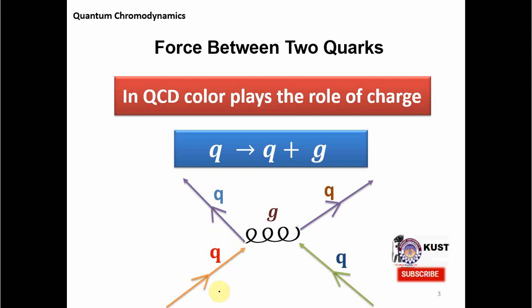So two quarks come in, interact with each other, either repelling or attracting, and go away as two quarks. This is the force or interaction between two quarks, represented by the Feynman diagram. You can see that we have combined two primitive vertices into one diagram to construct the interaction between two quarks.